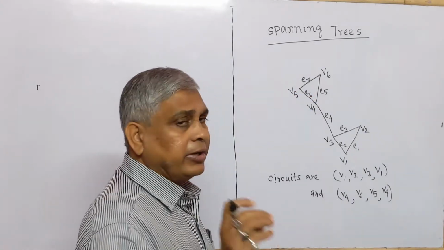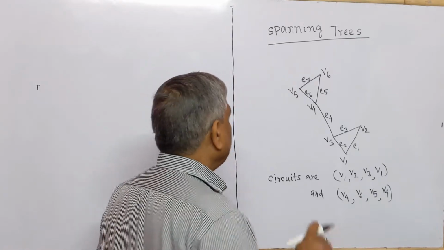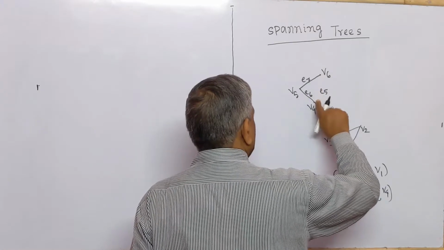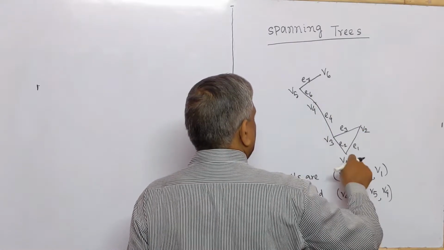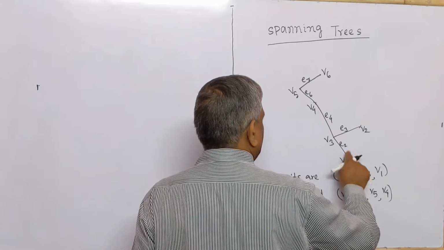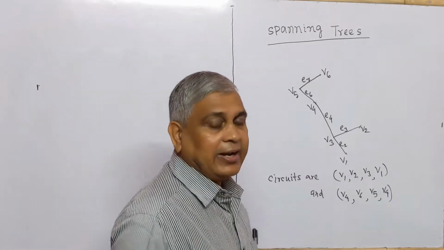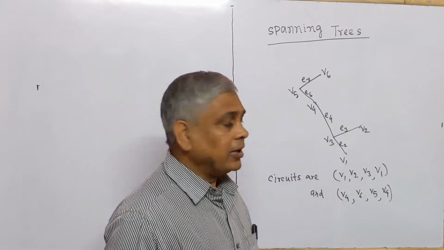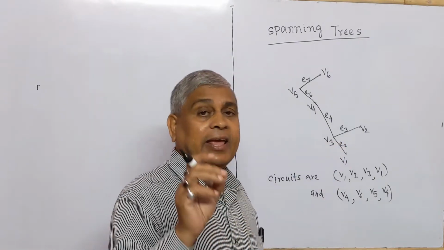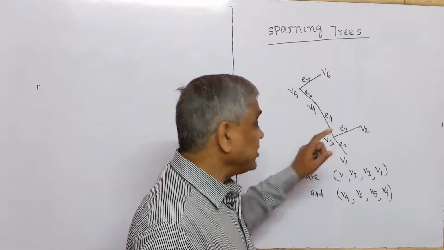If we delete one edge from each circuit, here we delete edge E5 and here we delete edge E1, then still this is a connected graph. Here we have deleted edge, but we have not deleted vertices.